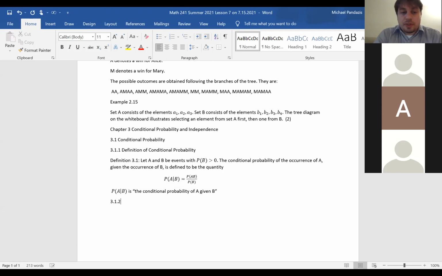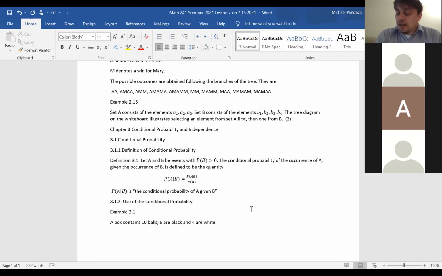Next is 3.1.2, use of the conditional probability. So we're going to use it. Example 3.1: a box contains 10 balls. 6 are black and 4 are white.